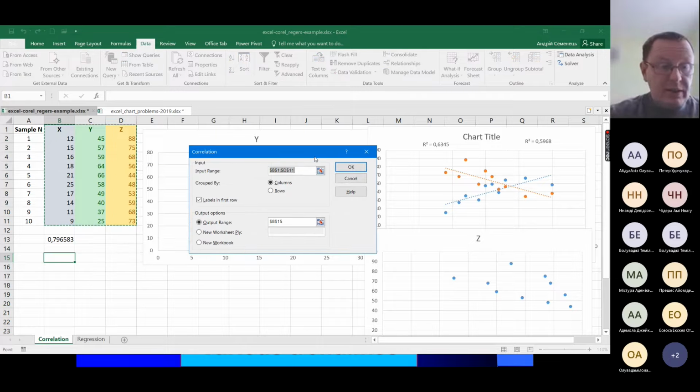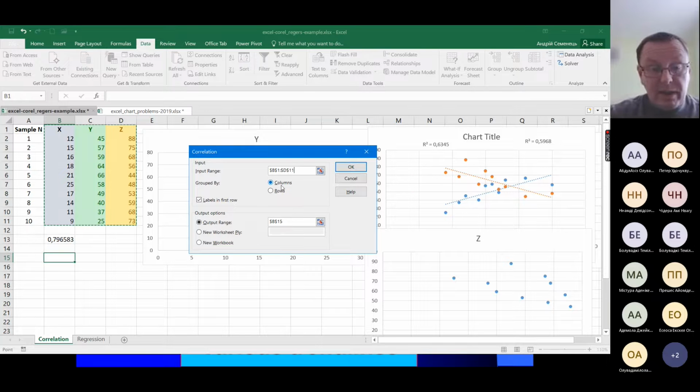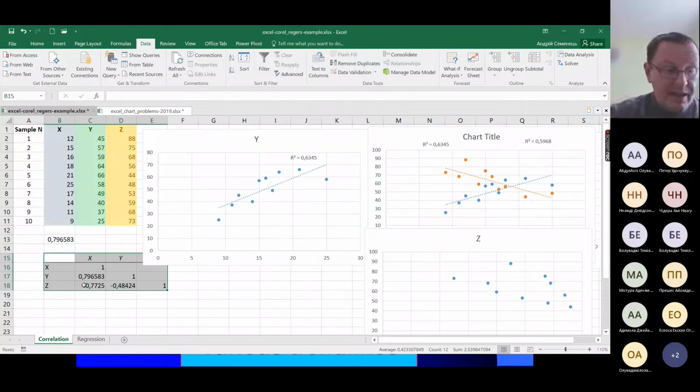This time I can use all 3 variables simultaneously. My samples are directed in columns, they have labels in the first row, and I want to print my output starting from this cell. So in this case, I have all 3 possible paired correlations: x to y, x to z, y to z.